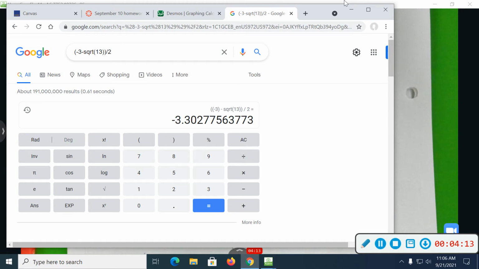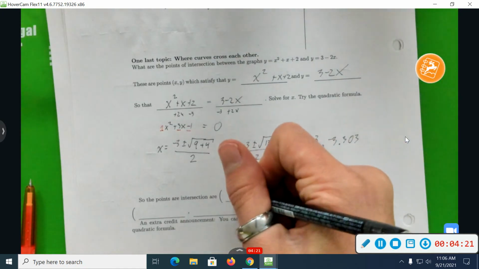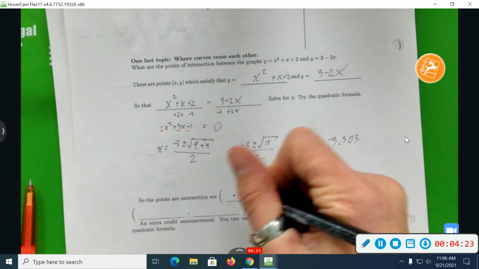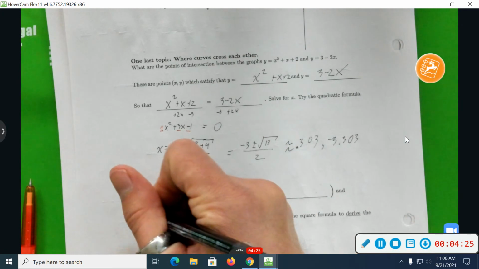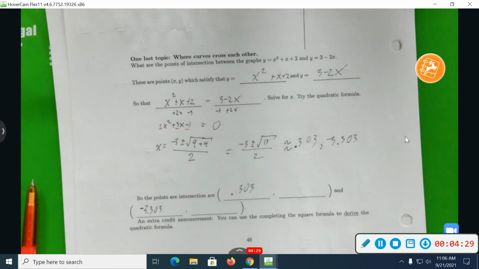Good. So that was just me jotting those down. So I guess that tells me the x values of the points of intersection, doesn't it? So the points of intersection are at x equal to 0.303, approximately, and negative 3.303, approximately.